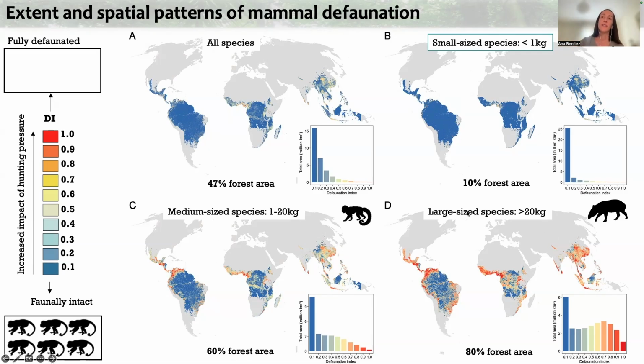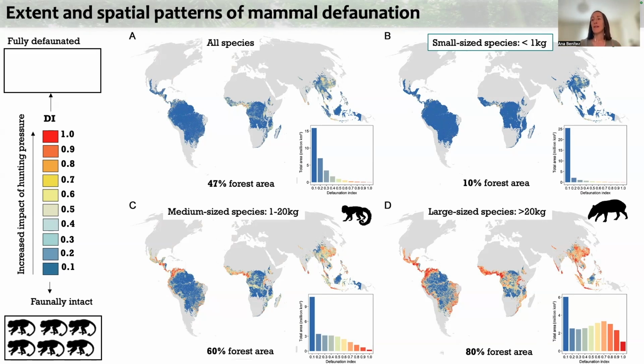And the picture changes a lot for these medium-sized to large-sized species, which are actually targeted, which have slow reproductive rates, and which, under similar hunting pressure, can have their population pretty much depleted across 60 or 80% of the forest area.